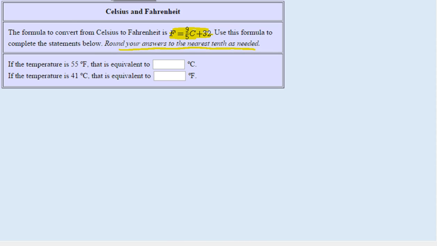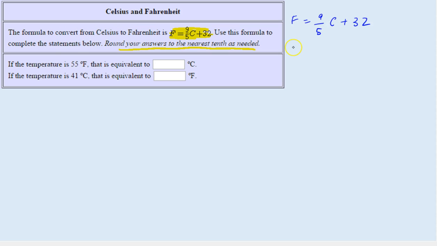So let's start by writing our formula. F equals 9/5 C plus 32. And let's write what F and C represent. So it said that it's converting from Celsius to Fahrenheit.